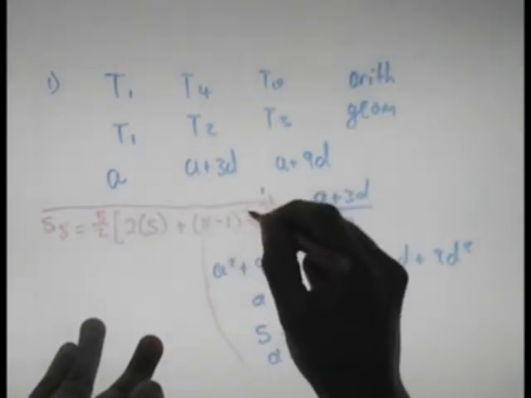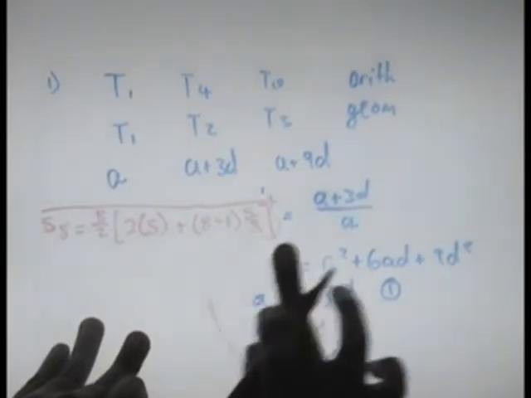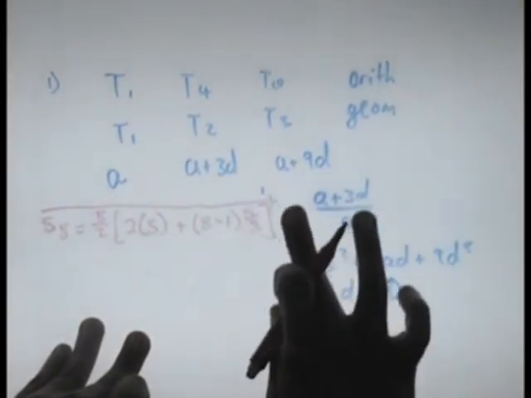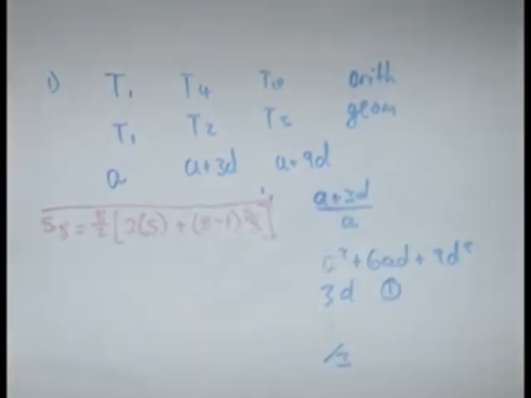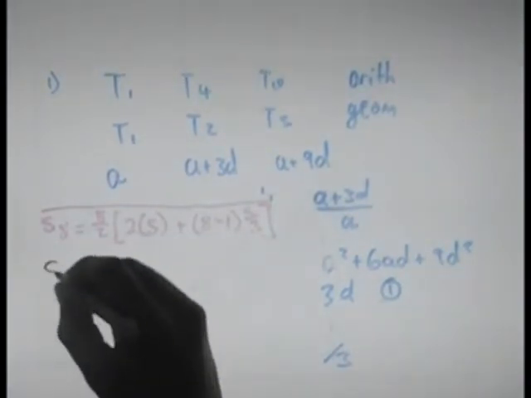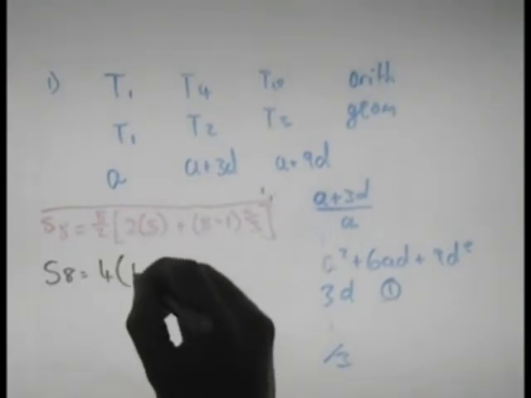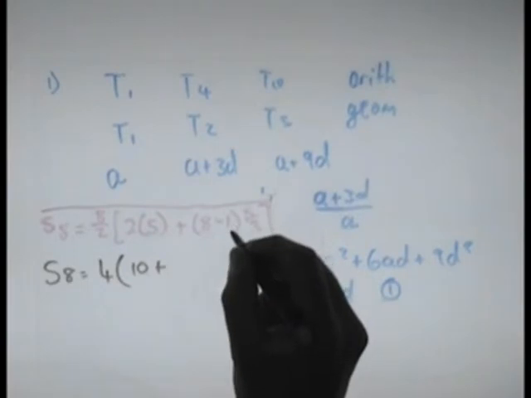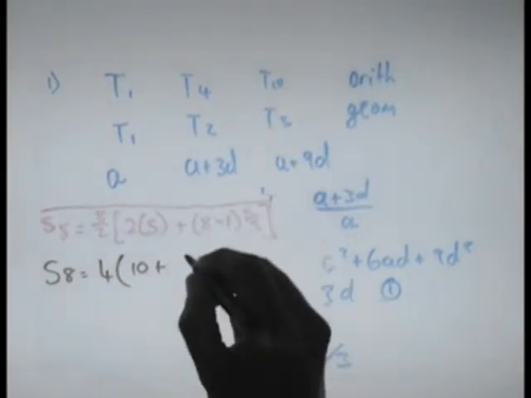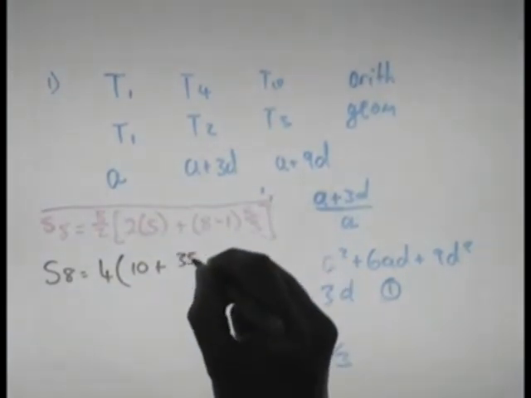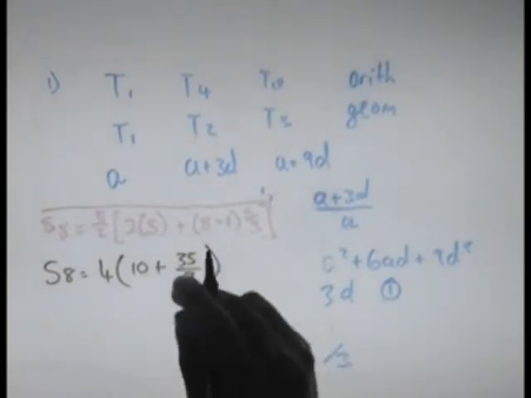Let's just erase all of this. That means that the sum of 8 terms is going to equal 8 over 2, which is 4, times 2 times 5, which is 10, plus 8 minus 1 is 7, times 5 over 3, which gives me 35 over 3.